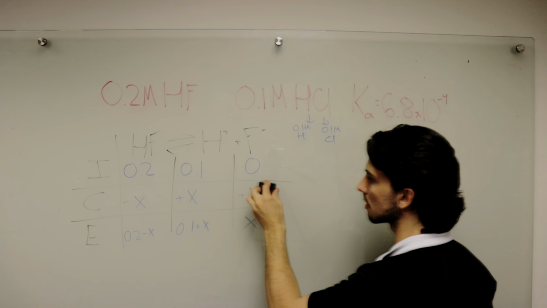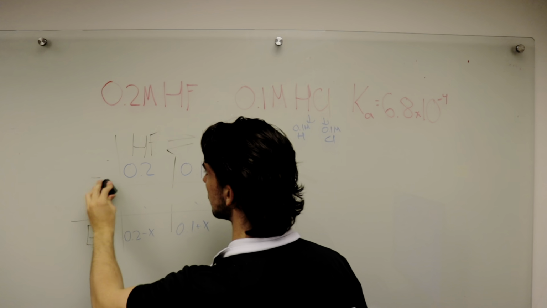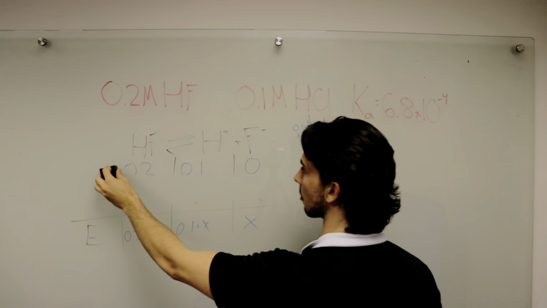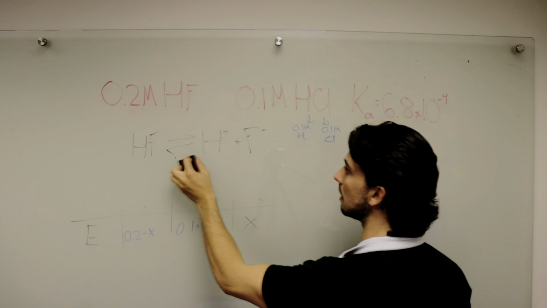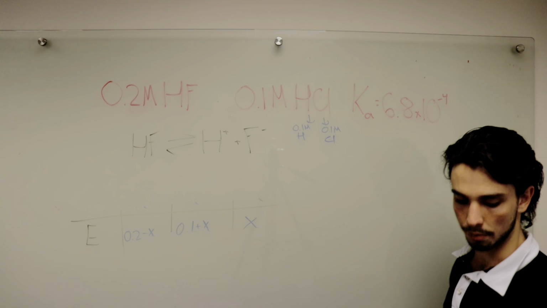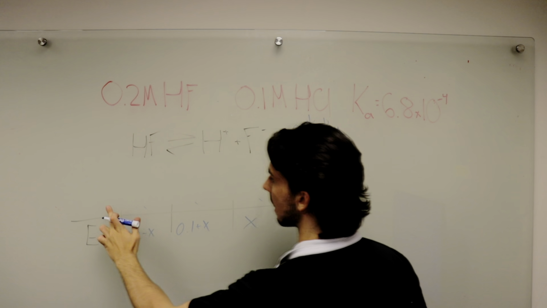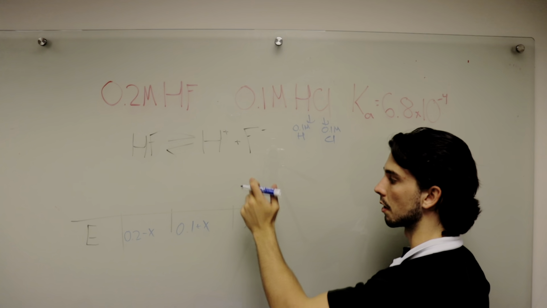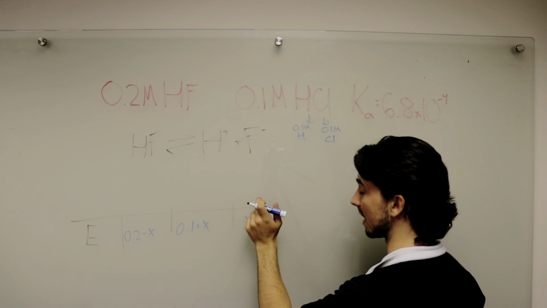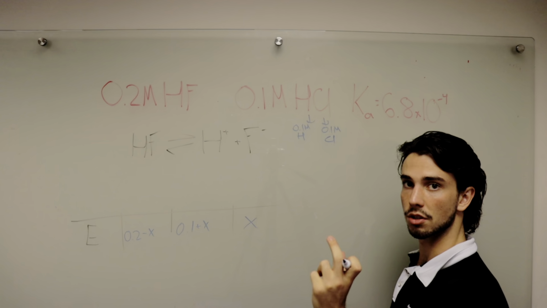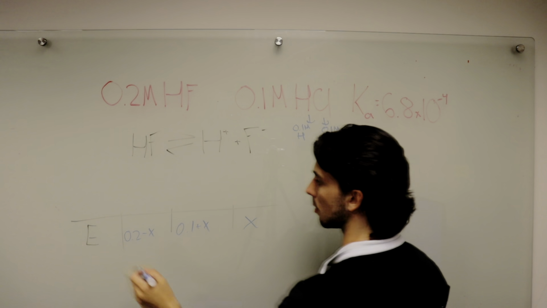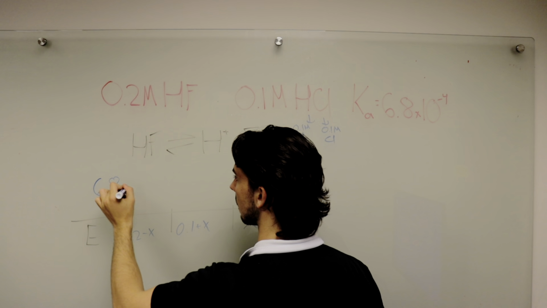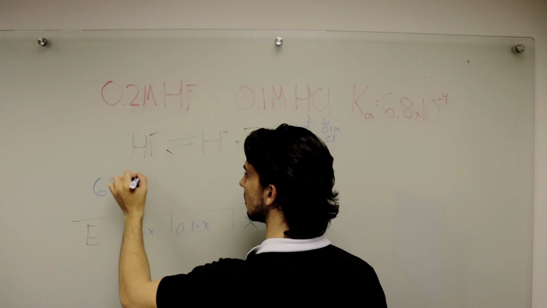I'm going to erase the I and the C in this chart, because all we're interested in is the equilibrium concentrations when we write our Ka formula. Remember, the Ka is the concentrations of products over the concentrations of reactants, at equilibrium. We know Ka is 6.8 times 10 to the negative 4.